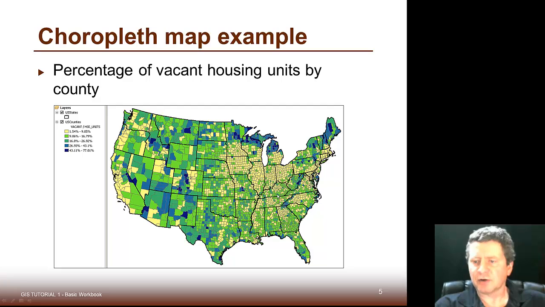You can see your eye is naturally drawn to particular areas that are dark in color. Your eye moves over this very quickly, but it gets drawn to the darker area, which is what we're trying to convey: that there are certain locations in the United States that have a very high percentage of vacant housing.